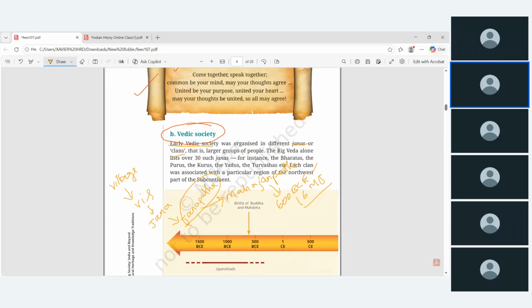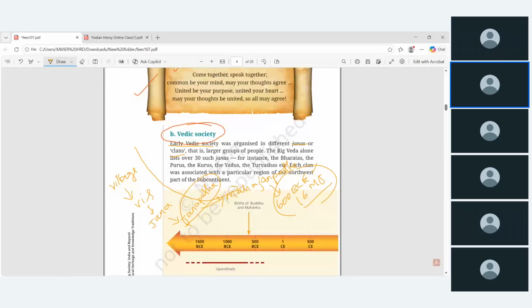So this is the formation of groups, from the village as a small unit to the macro unit. And in every unit there was a leader.